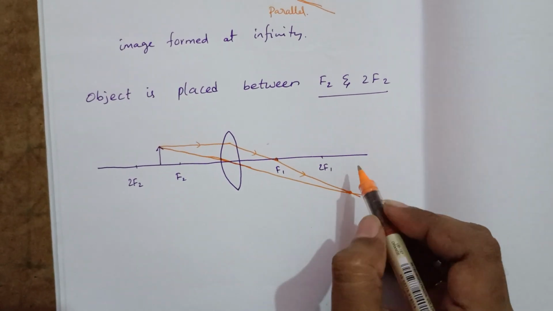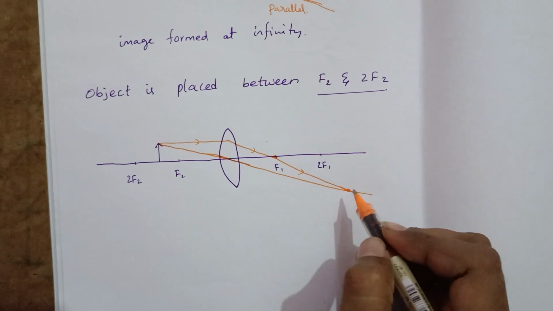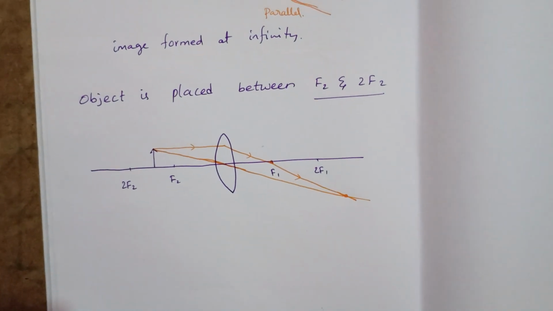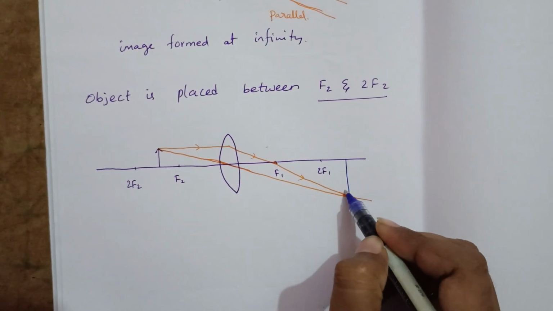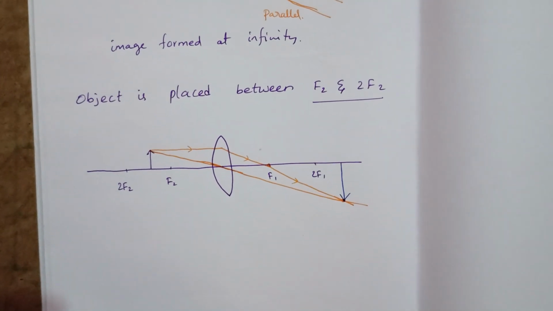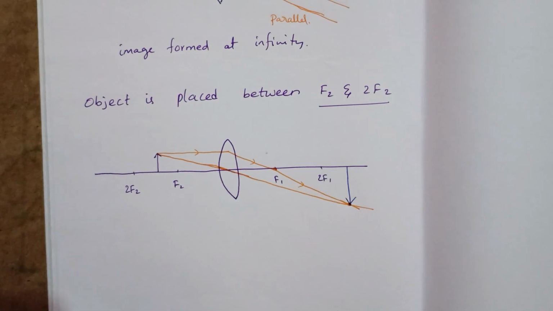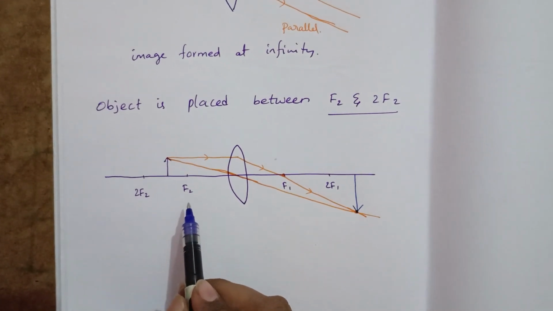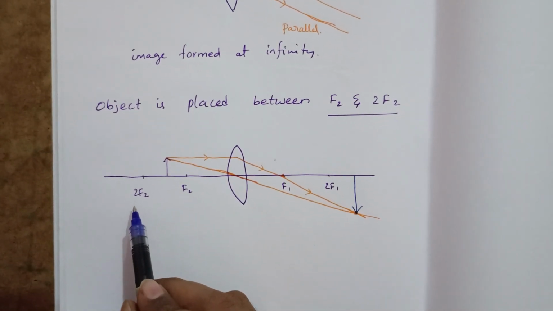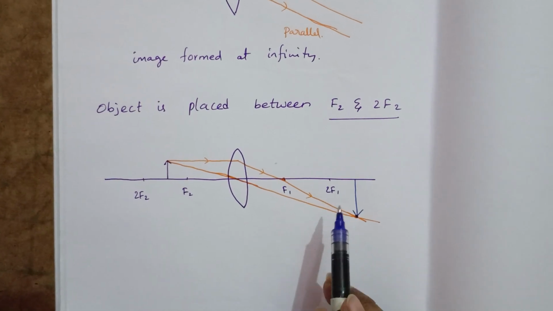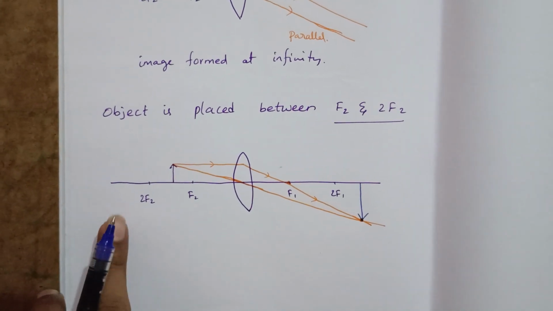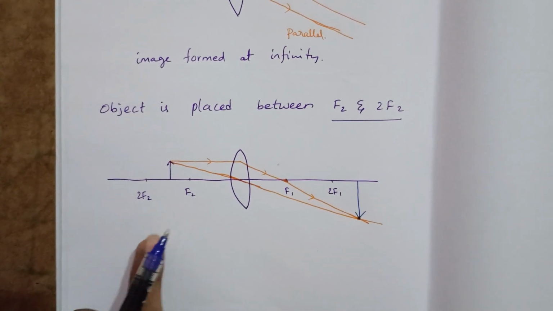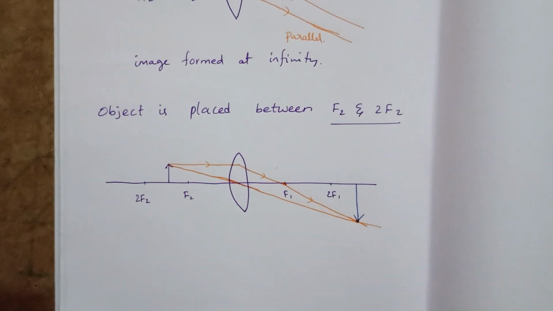Here both are meeting, so the image is formed here. That is the image. Object is placed between f2 and 2f2. Image is formed beyond 2f1.